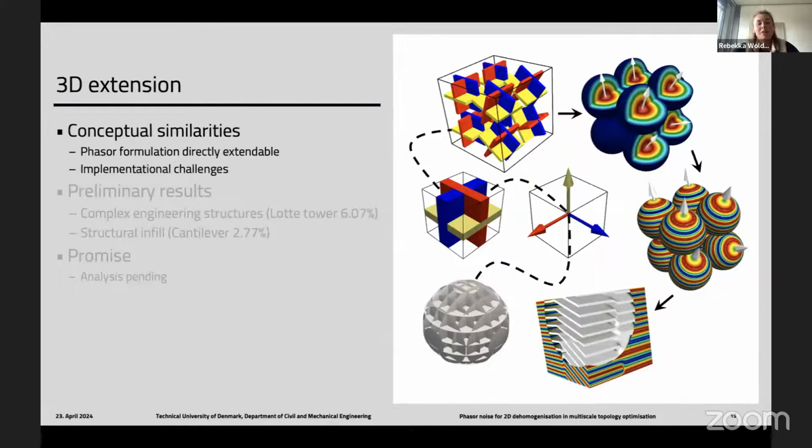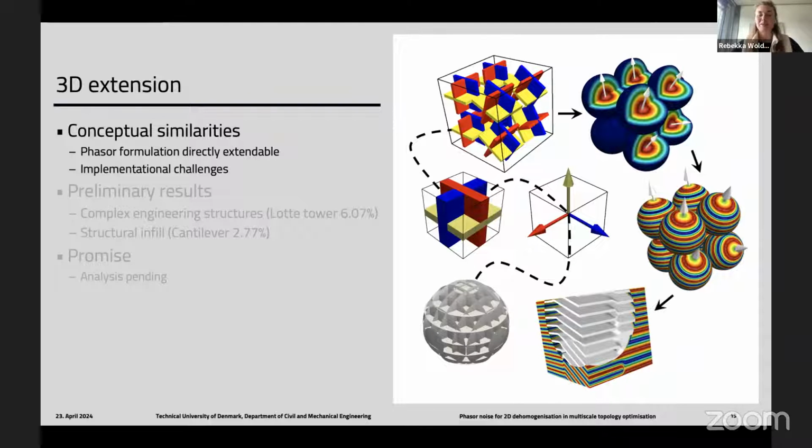So this is what we're working on now with this phasor noise, and it's the 3D extension. Conceptually, the idea is very similar to 2D due to the phasor formulation being defined based on location and orientation, which means that you can more or less just add the third dimension in a conceptual manner.